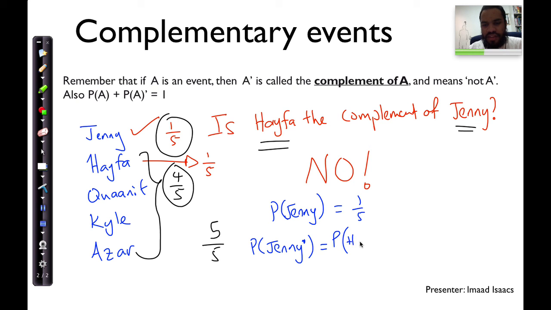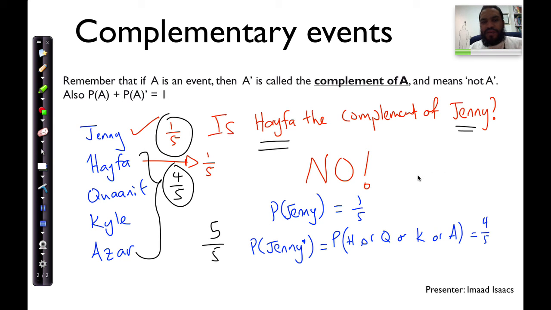That's the probability of getting Hafer, or Karnit, or Kyle, or Azar. Any of them. And the probability of these occurring is 4 out of 5. When I add the two, I get 5 out of 5.